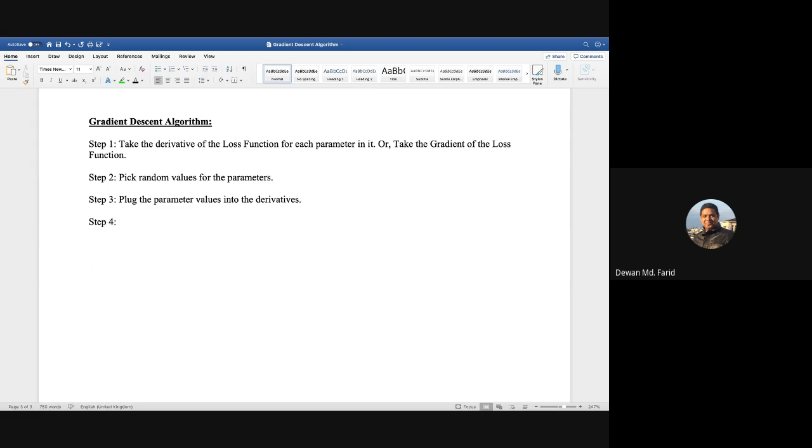Step 4, calculate the step size, which is basically step size equals slope times learning rate.